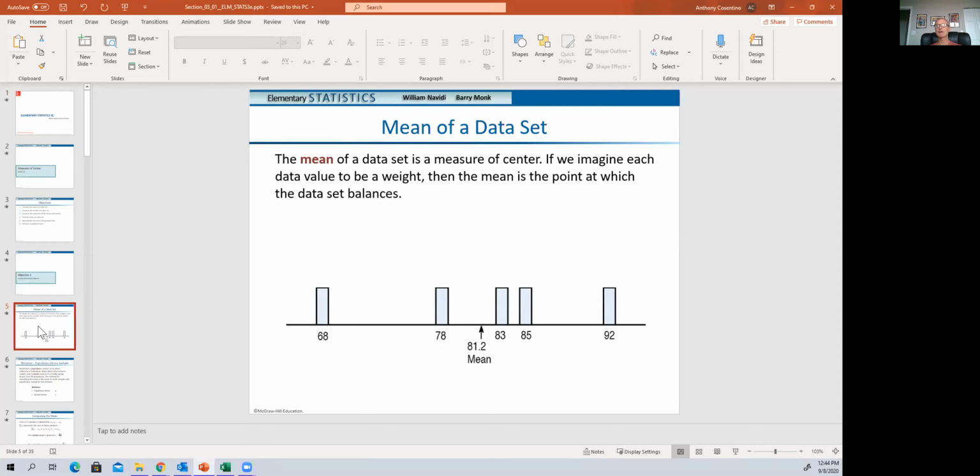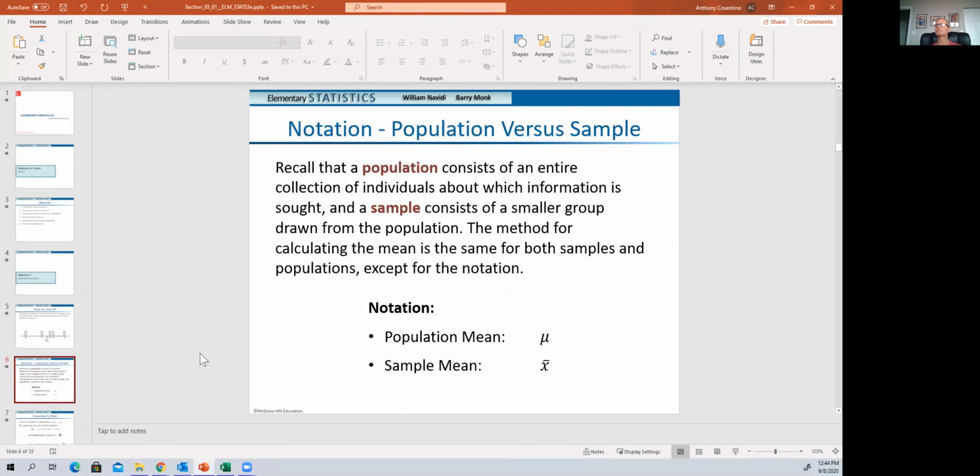And the idea of this calculation hopefully is a review to most. But I do want to point out again that there is a difference between statistical analysis of the total population and if you're just doing a statistical analysis on this sample.